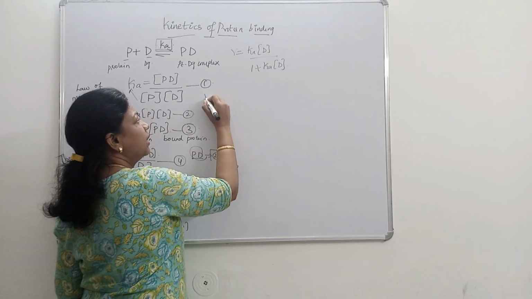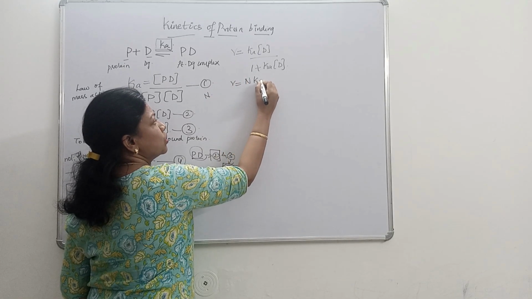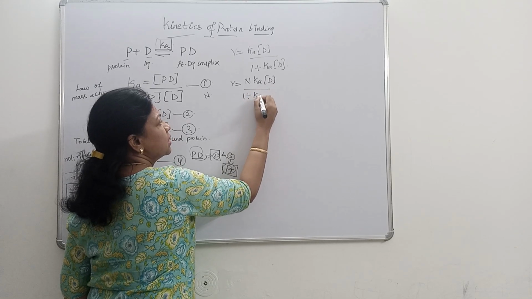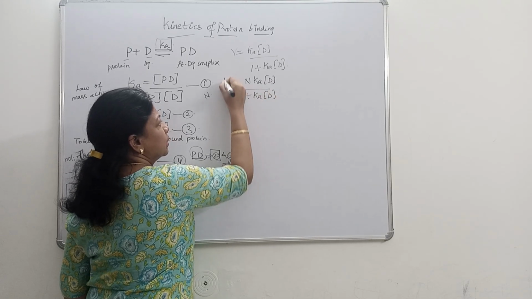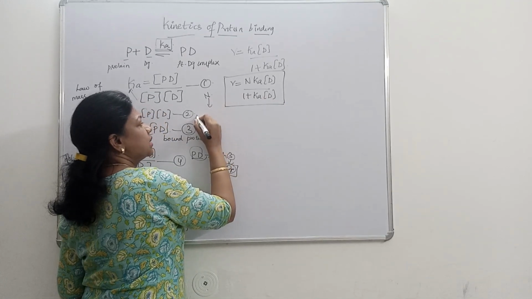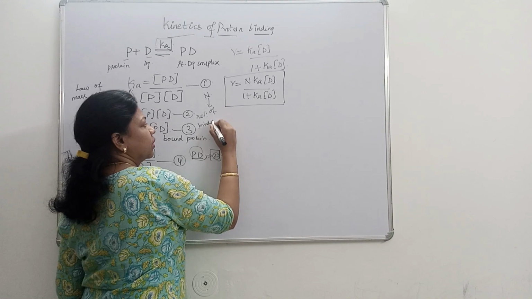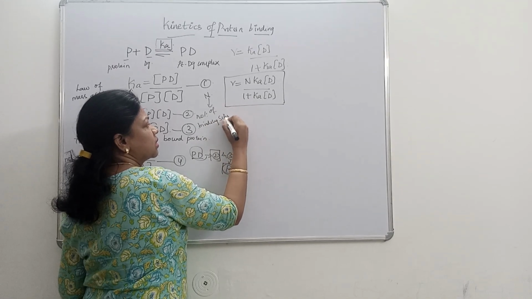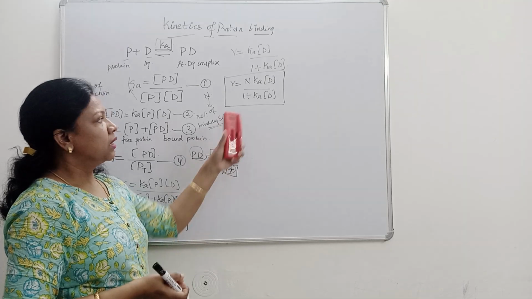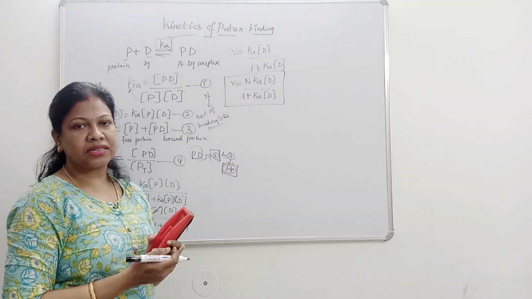If we have n number of sites, then the equation will further change into n into Ka into D upon 1 plus Ka into D. This is the final kinetic equation, where n is the number of binding sites. So this equation explains the protein binding kinetics and the drug concentration.